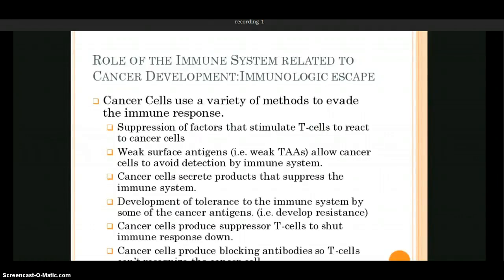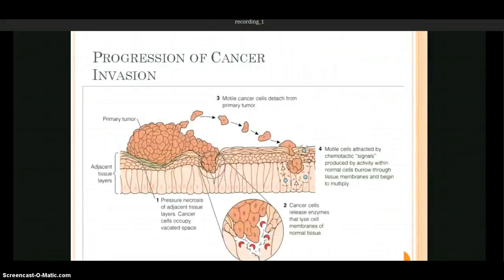This slide talks about the progression of cancer on a very local level. And this slide talks about invasion. This is whenever you have a tumor cell that moves not through the lymph or through the blood, but moves adjacently. The way that it works is that the tumor causes pressure atrophy and necrosis of the adjacent cells.